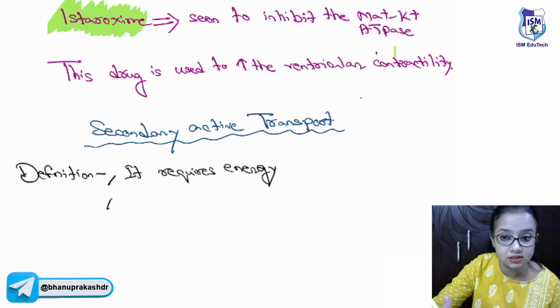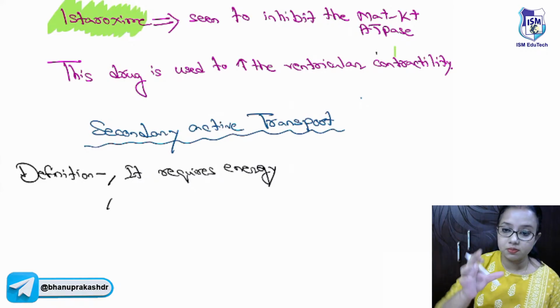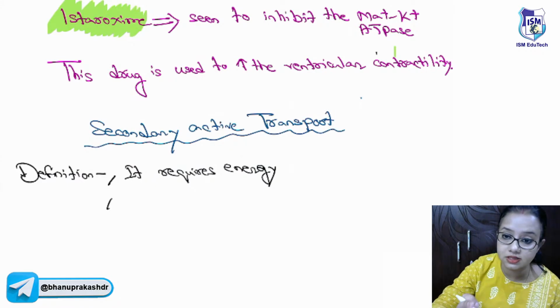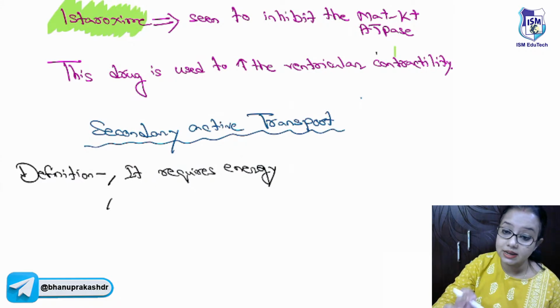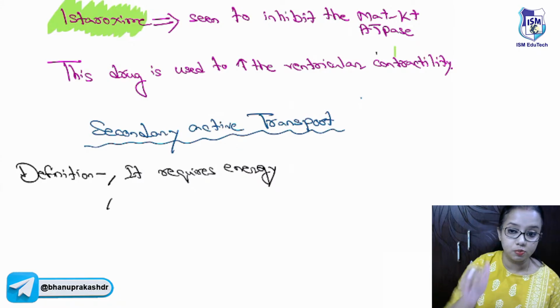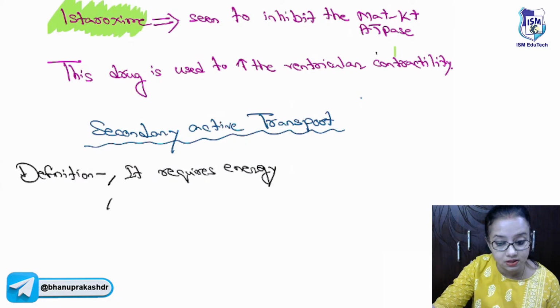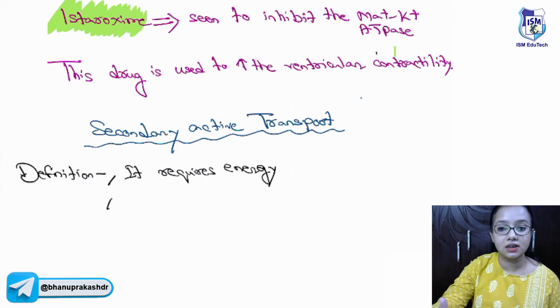In terms of the energy availability, in primary active transport, what did we see? The pump, that ATPase, the pump itself broke down its ATP and provided the ADP and Pi. But in case of secondary active transport, this does not happen.